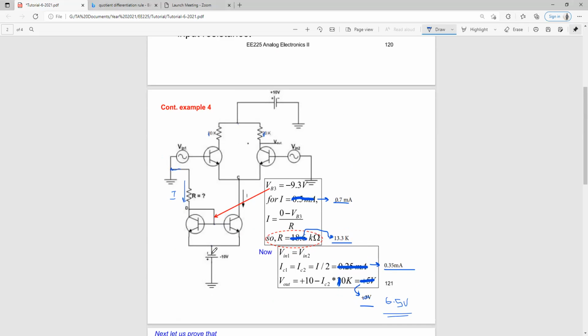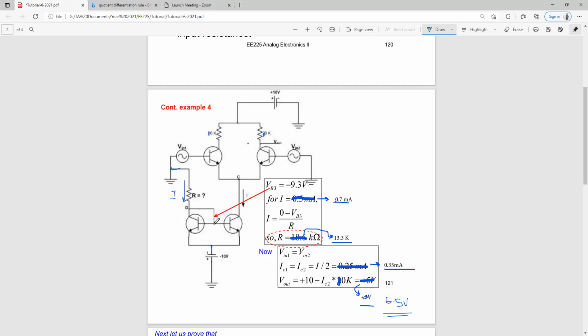Now, knowing that the voltage at this particular node is going to be negative 10. Remember, it is going to be negative 10, because of this negative terminal being attached to this particular node. Now, we know that there was a voltage drop over here of 0.7 volt.